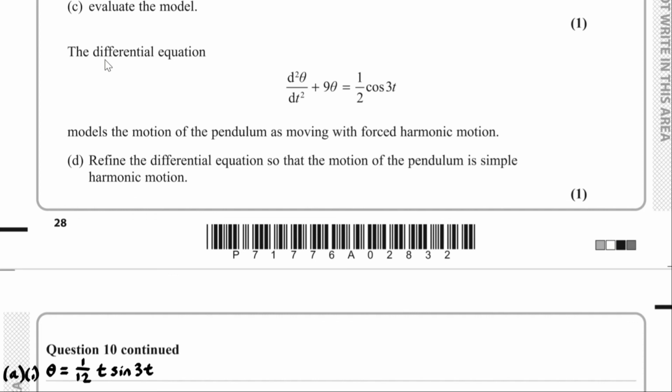And now, the differential equation d squared theta over dt squared plus 9 theta equals 1/2 cos 3t models the motion of the pendulum as moving with forced harmonic motion. We have to refine the differential equation so that the motion of the pendulum is simple harmonic motion.